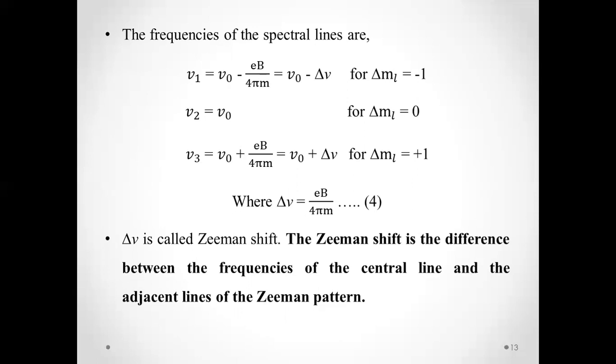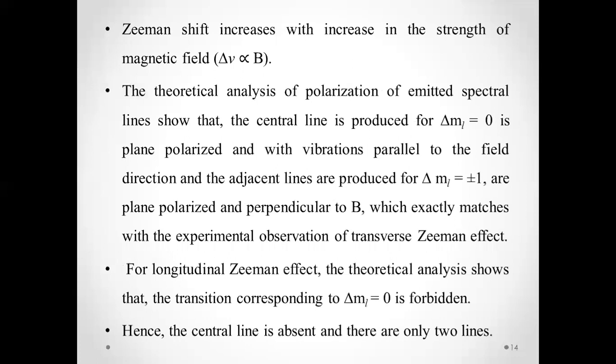That is, the Zeeman shift is the difference between the frequencies of the central line and the adjacent lines of the Zeeman pattern. Zeeman shift increases with increase in the strength of the magnetic field. That is, delta mu is directly proportional to B.